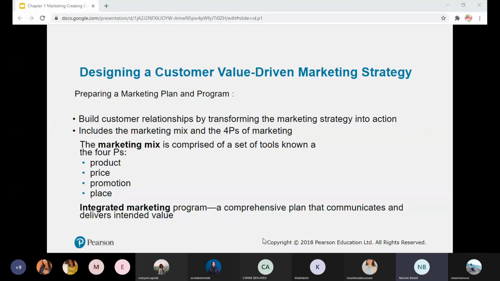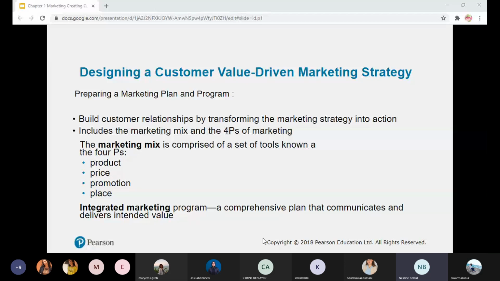Then we will decide how much it will charge for the offering, the price, and how it will make the offering available to target consumers, we will think about the place. Finally, we'll try to engage target customers. We will communicate about the offering and persuade consumers of the offer's merit, which is the promotion.